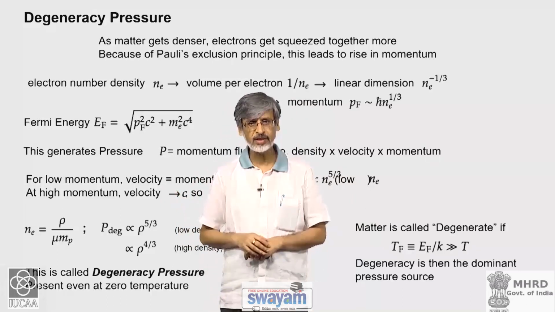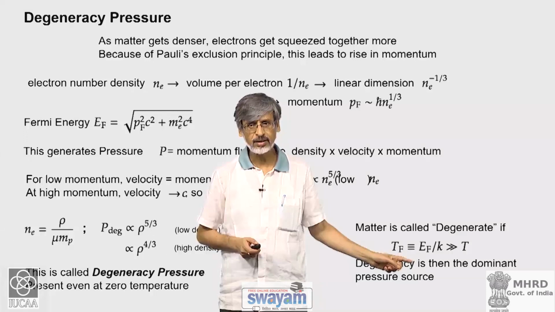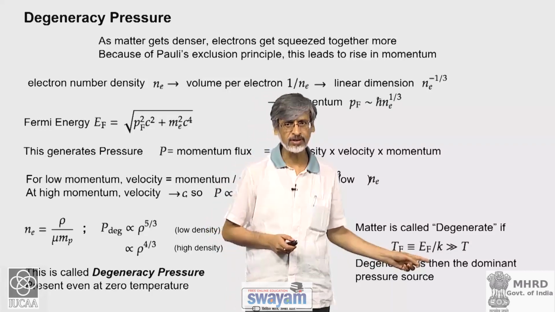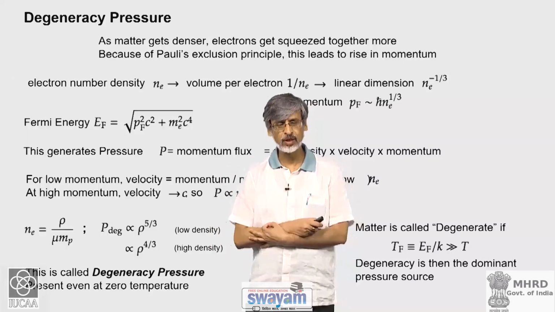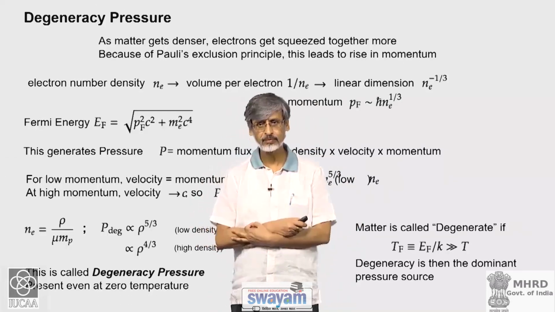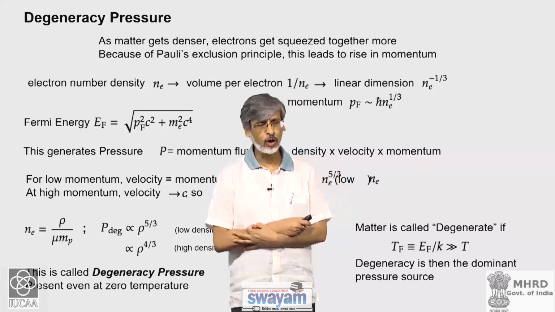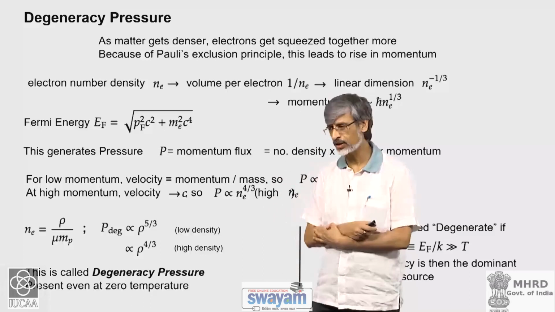This can be expressed through the Fermi temperature, T_F, defined as the Fermi energy divided by the Boltzmann constant, being much greater than the local temperature of the medium. If this is true, then the dominant pressure source is degeneracy pressure and not thermal pressure.